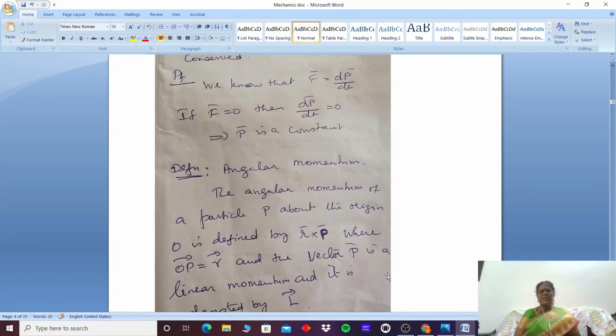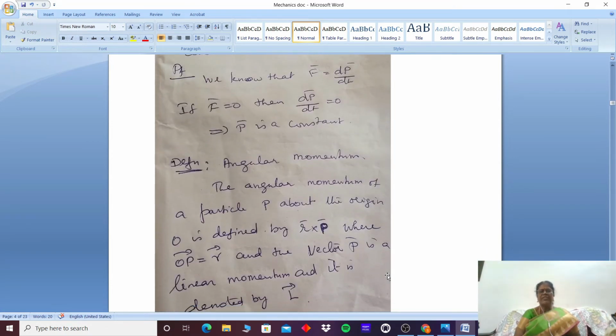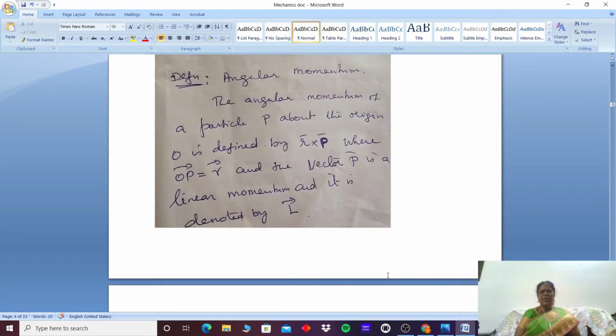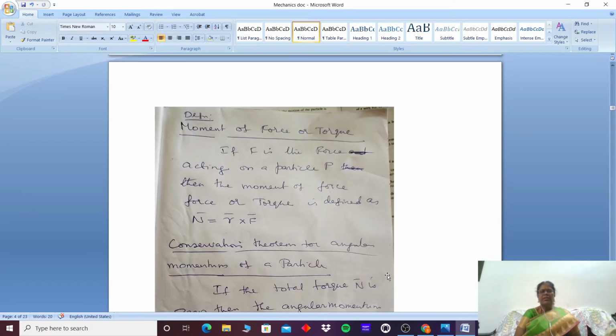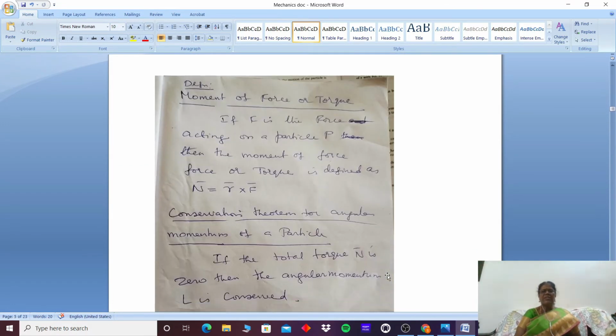Now we shall see what is the angular momentum. That's the definition. The angular momentum of a particle P about the origin O is defined by r cross p, where OP is the position vector, which is denoted by vector r, and the vector p is the linear momentum, and it is denoted by capital L, that is vector L. Then next definition, the definition of the moment of force or torque.